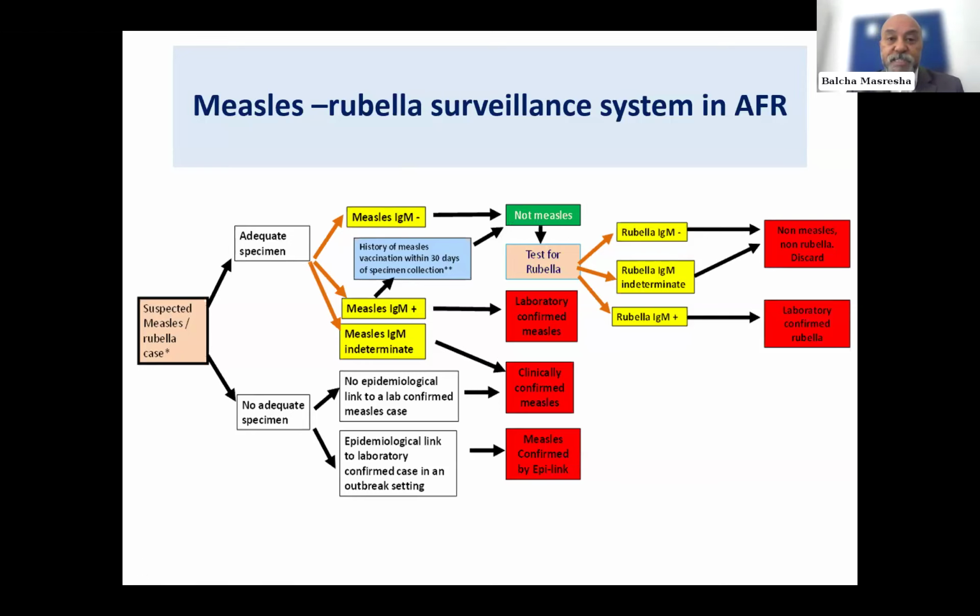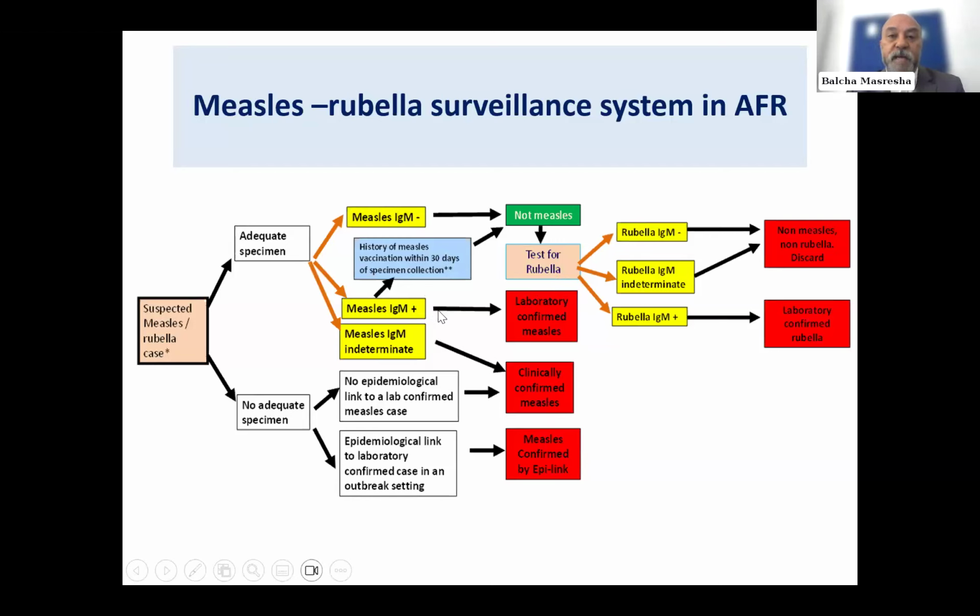This serial testing system was obliged at the time because rubella test kits were much more expensive than measles IgM test kits. In the last few years, I think about 6 or 7 years, we have encouraged countries to do parallel testing because the cost of rubella test kits has significantly come down and is more or less equal to the measles test kits currently on the market.